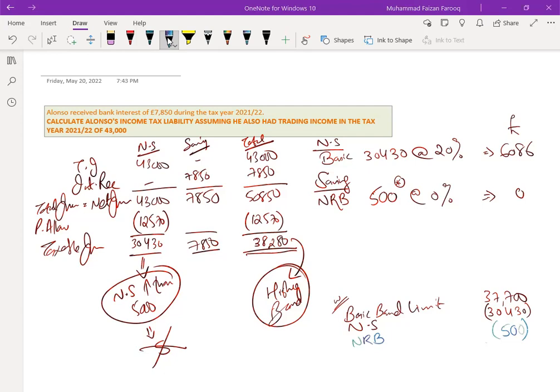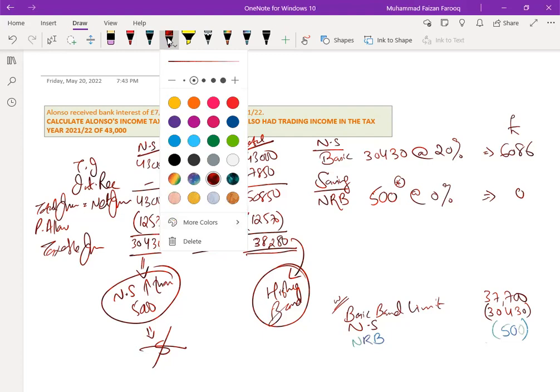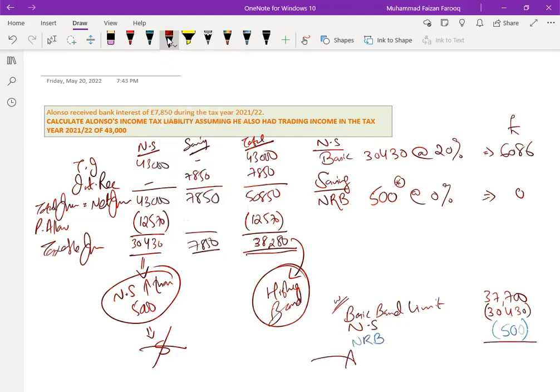So the limit left over in the basic band is 6,770. This is called available for savings.